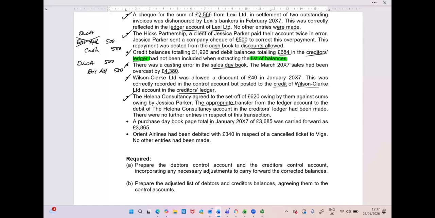The appropriate transfer from the ledger account to the debit of Helen Consultancy account in the creditor ledger had been made. There was no further entries in respect of this transaction.